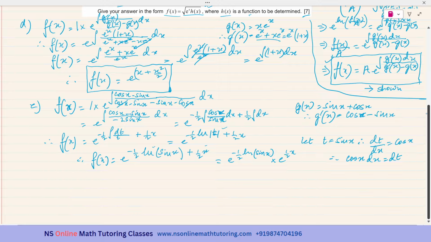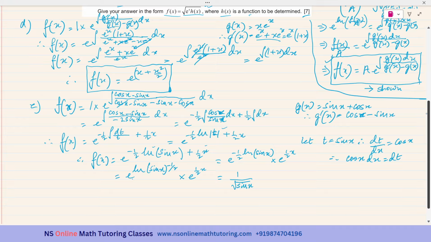This one can be written as e to the power of ln of sin x raised to the power of negative half, times e to the power of half x. So this is equal to, e and ln will be nullifying each other, and it will be 1 over square root of sin x.